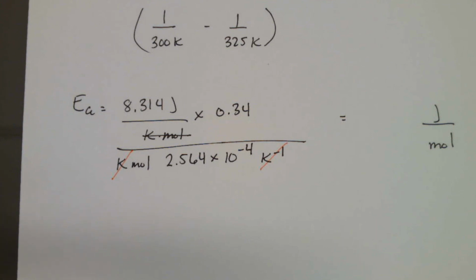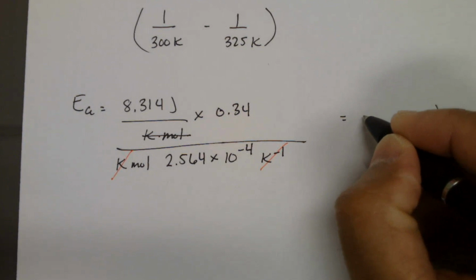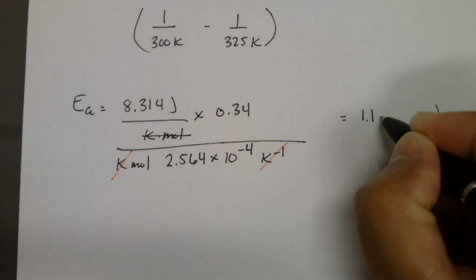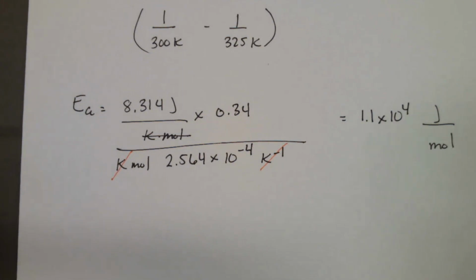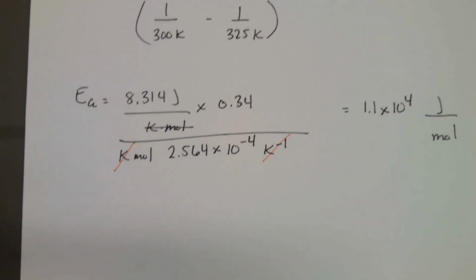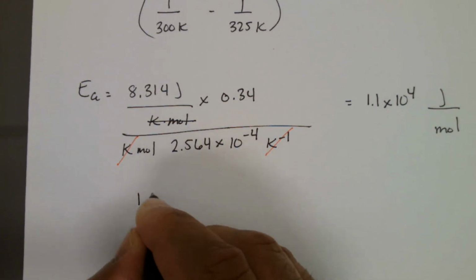And let's go ahead and get a number. So here's the value I get. 1.1 times 10 raised to the 4 joule per mole. Now, the question is asking for the answer in kilojoules per mole. So all I have to do just a little bit of legwork here.